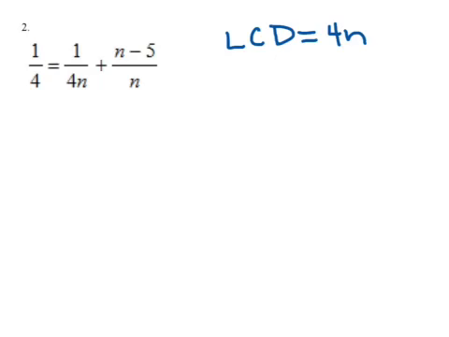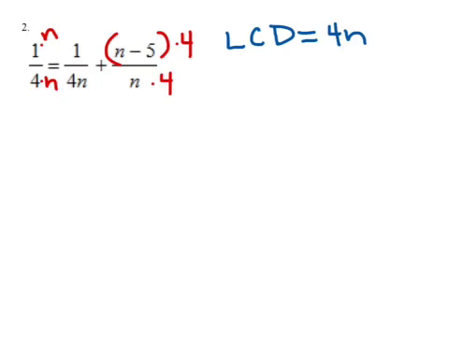So we will multiply the top and the bottom of the first fraction by an n to obtain that 4n. The middle fraction already has 4n in the denominator. And the last fraction, we want to multiply the top and the bottom by a value of 4 in order to obtain a denominator of 4n.